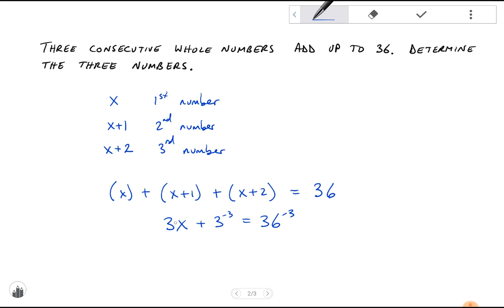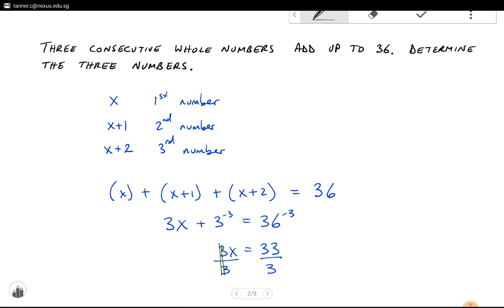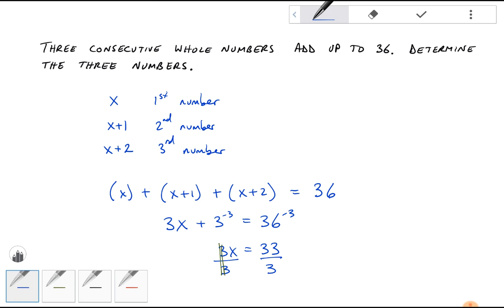So 3 minus 3 is 0, so that just leaves us with 3x. And 36 minus 3 is 33. Now we want x, not 3x, so we're going to divide by 3. So that will cancel the 3 on the left side, and we'll have just x. And 33 divided by 3 is indeed 11.